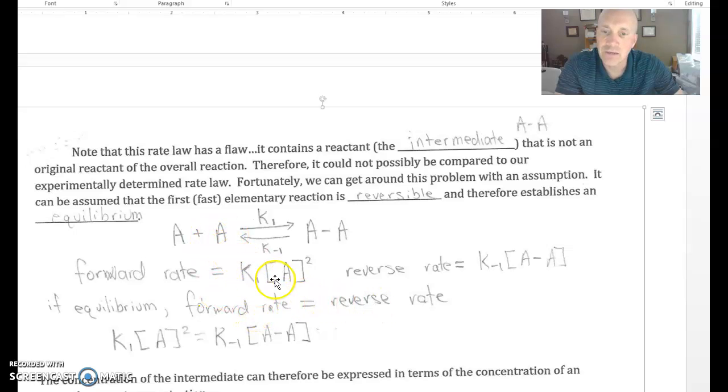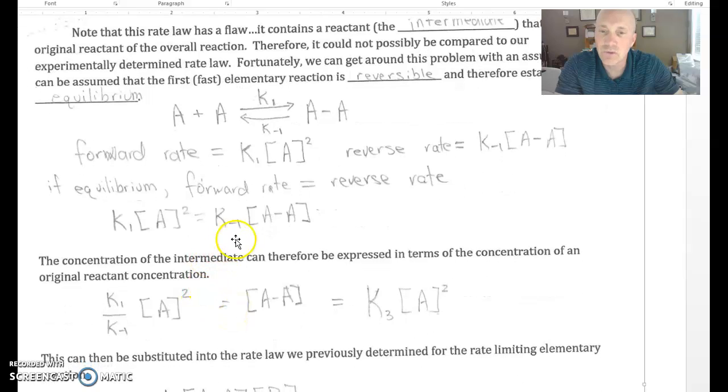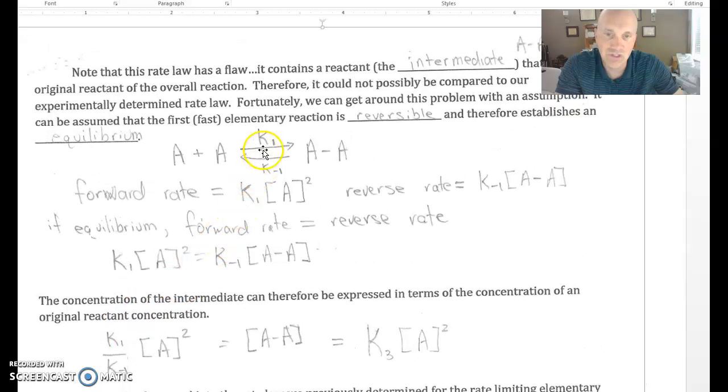So these would be the two rate laws that we could have from those two steps, and we can set them equal to each other because the forward rate equals the reverse rate. And we can solve for the concentration of this intermediate just by moving that rate constant over. These K1 and K minus 1 are just the rate constants for the forward and the reverse, but they're both constants.